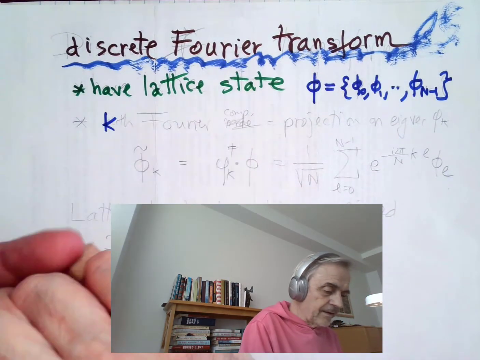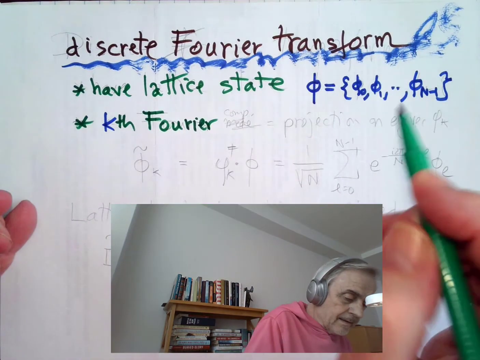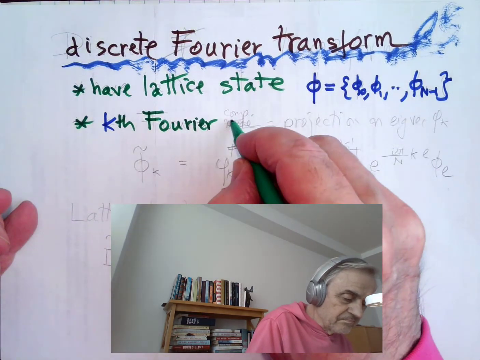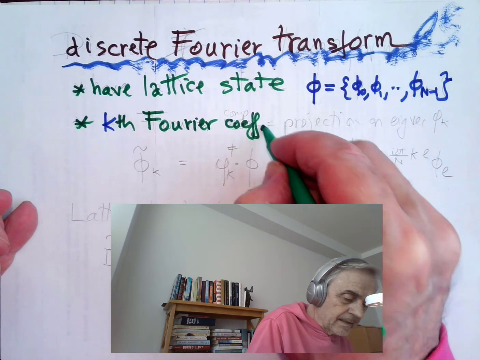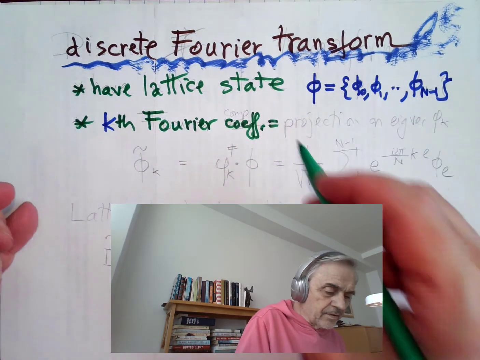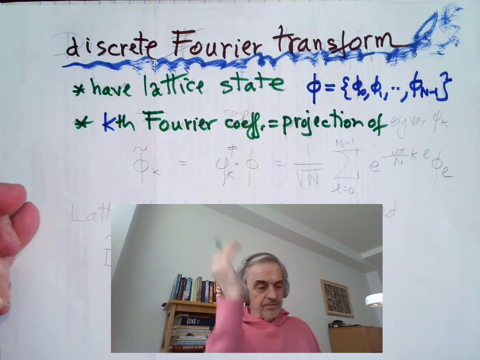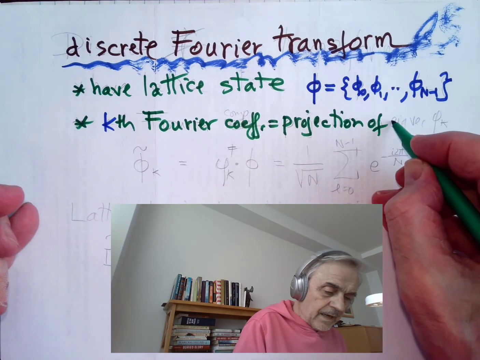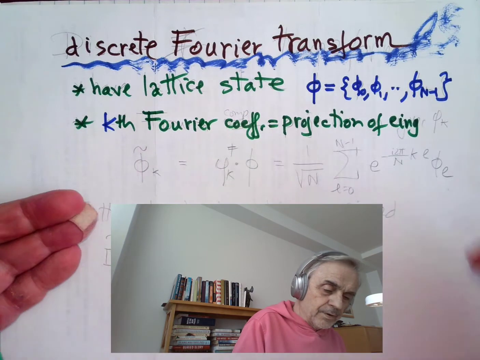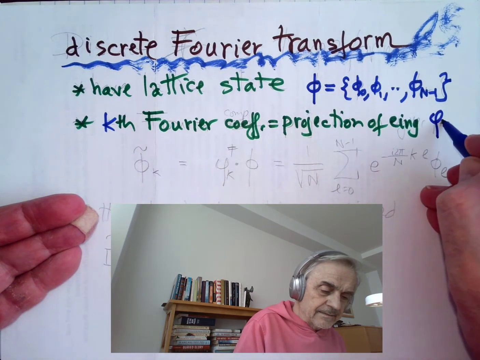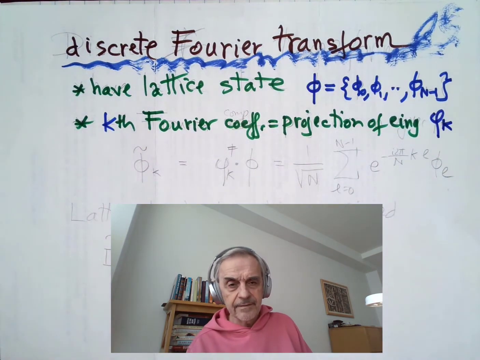Then the kth Fourier mode, let's say coefficient, is a projection of this vector in the n-dimensional space on the eigenvector pointing in that space in the f_k eigenvector direction.